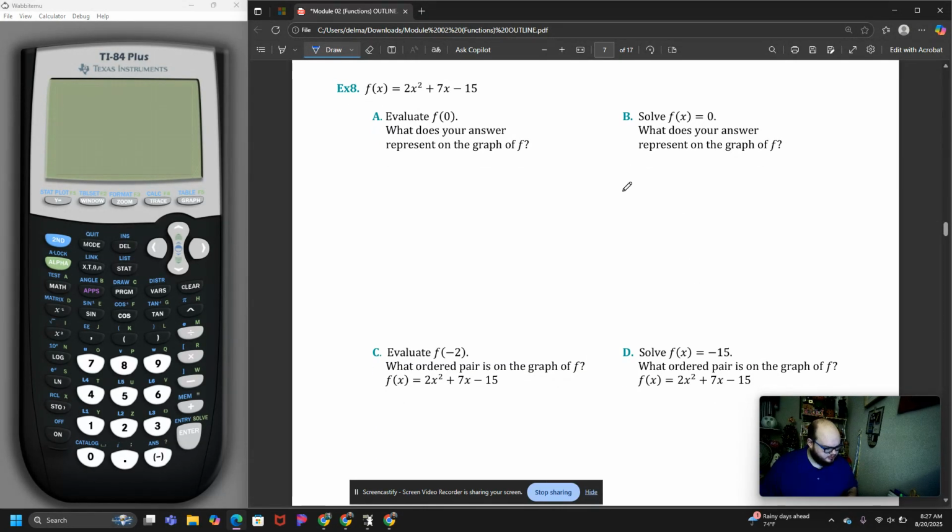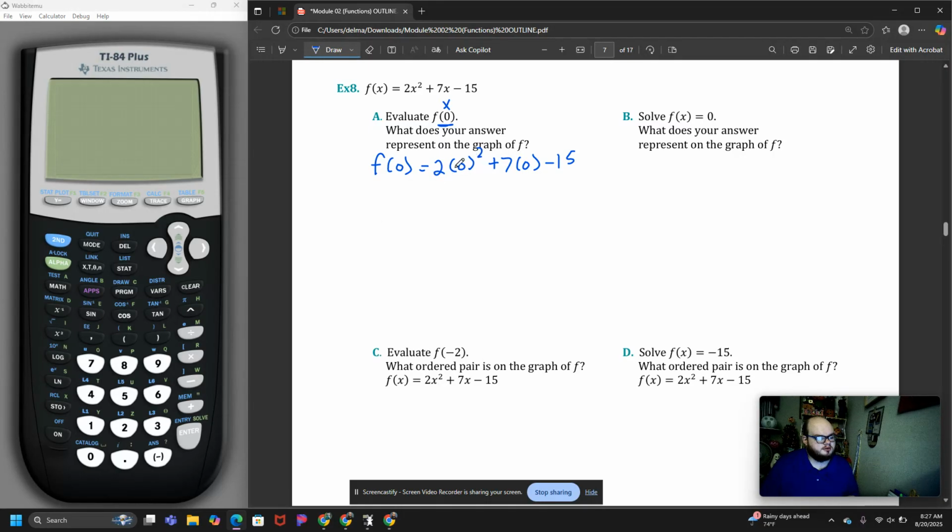Now let's go through and solve this. So evaluate for f of 0. That means that x is 0. So we're going to plug that in. So I'm going to rewrite that. f of 0 equals 2 times 0 squared plus 7 times 0 minus 15. Okay.